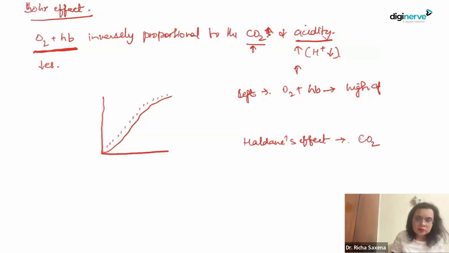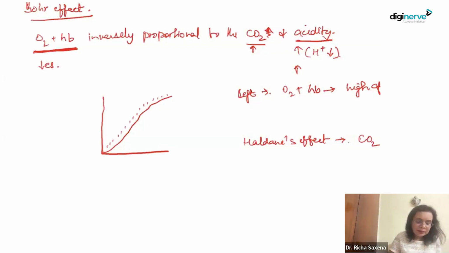So if the hemoglobin is deoxygenated means oxygen is released. So that means the affinity of hemoglobin to oxygen is less. And that is why oxygen is released. So if oxygen is released, that means the curve shifts to right.